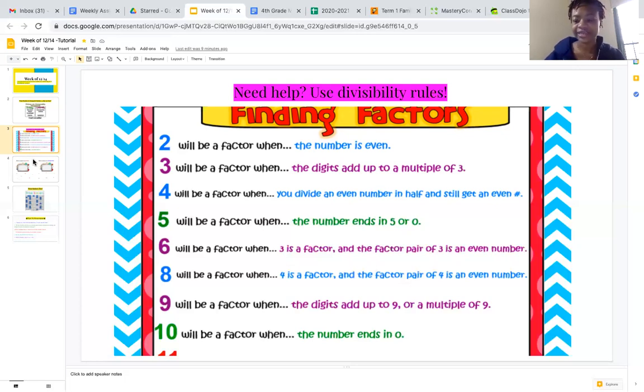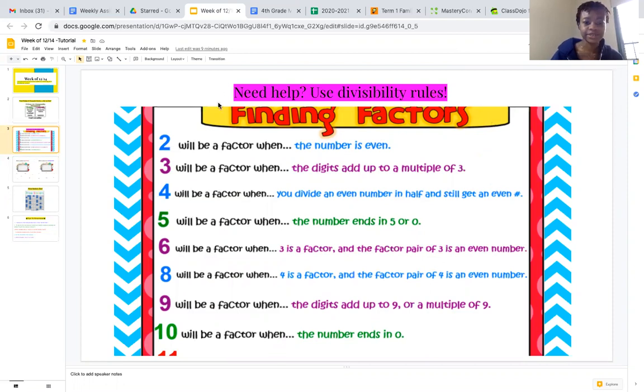And with 3, if the sum of the digits in that number, like if I had 15, for example, just by looking at this, I know that 3 is a factor of 15, because when I add 1 and 5, I get 6, and 6 is a multiple of 3. So there are some other tricks there to keep in mind and remember.